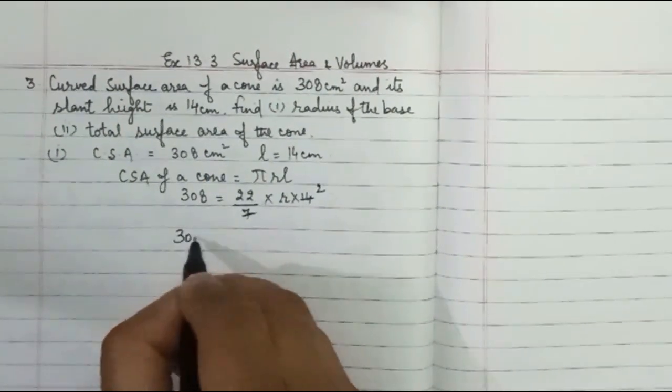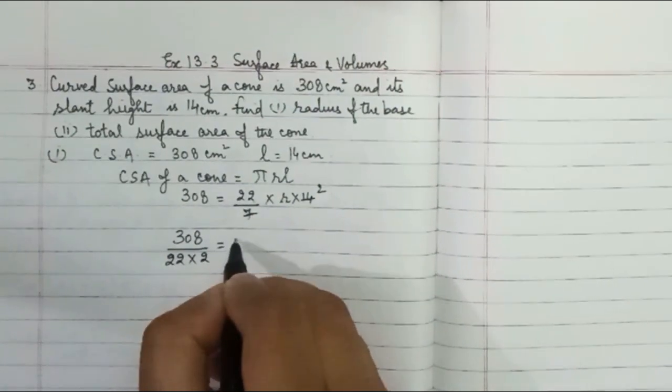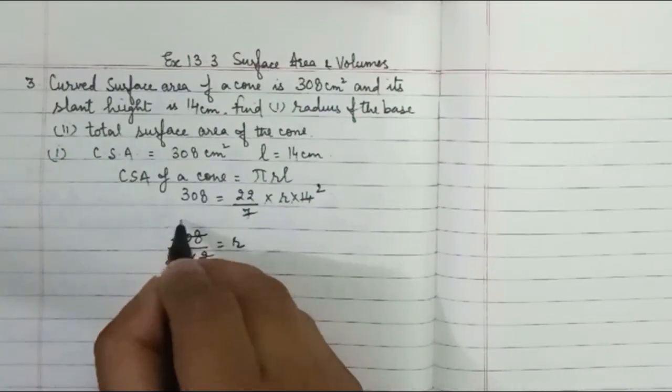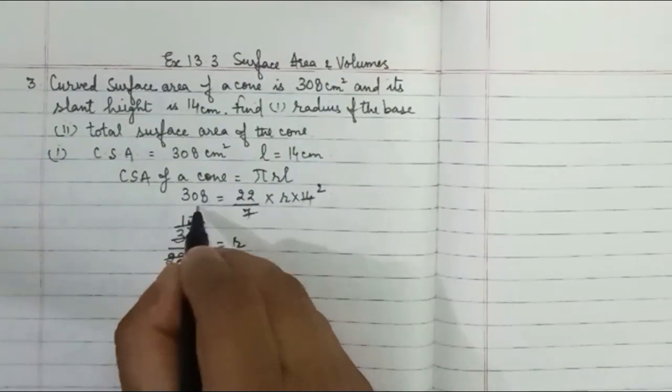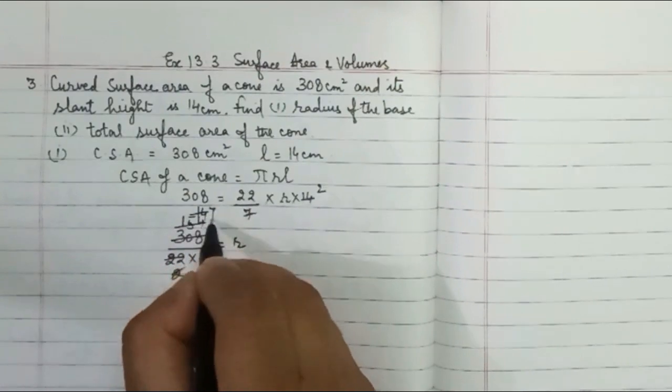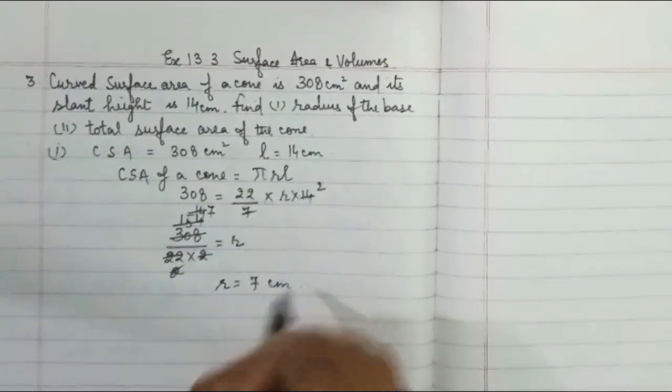Now 308 upon 22 into 2 is equal to r. 2 1s are 2, 2 5s are 4, 11 2s are 22 and 2 7s are 14. So r is equal to 7 centimeter.